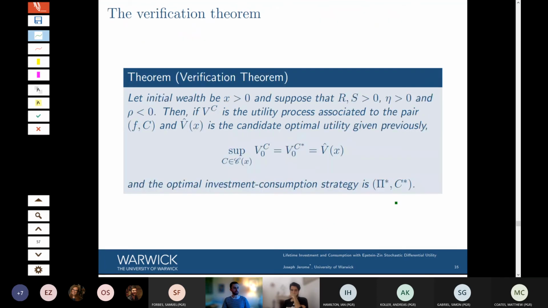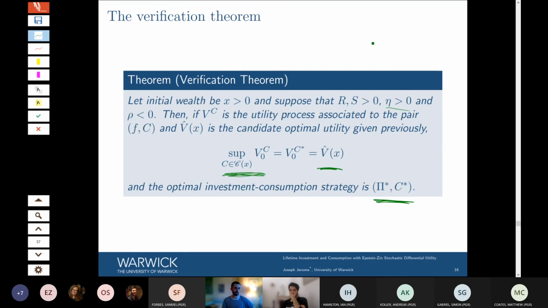So now we're going to prove the verification theorem. That says for a rational agent, so if R and S, the risk aversion and the temporal variance aversion, are positive, if eta is positive and if rho is negative, then the value of the problem is given by V hat of your initial wealth. And the optimal investment consumption strategy is this candidate that we found by solving the HJB equation.